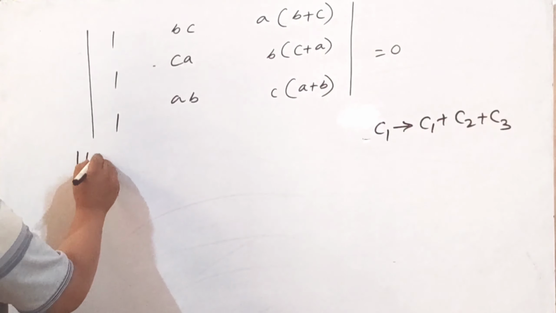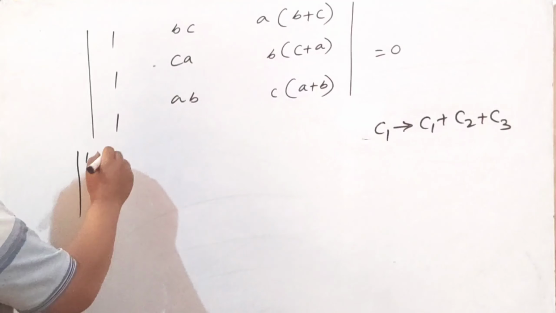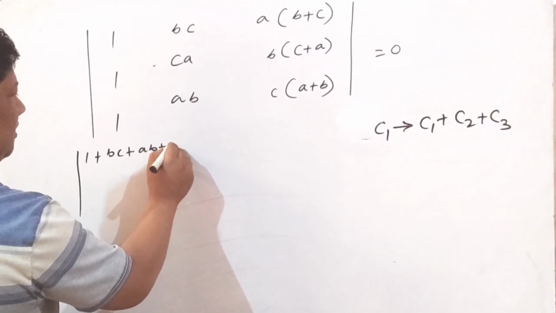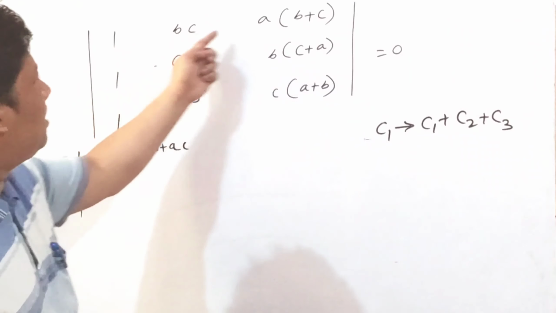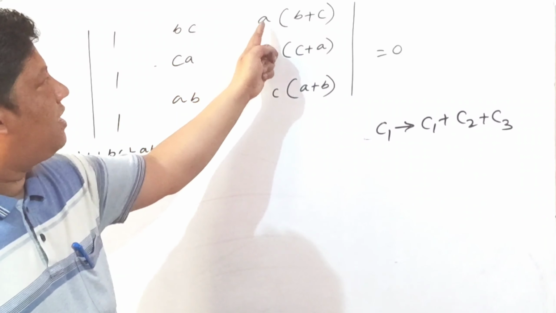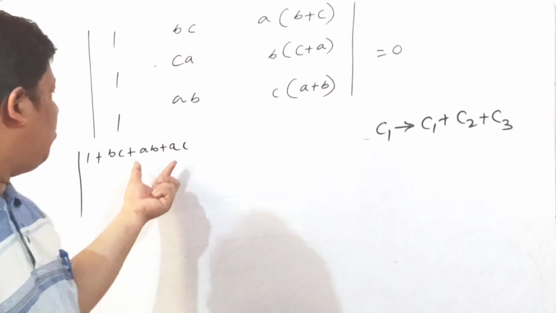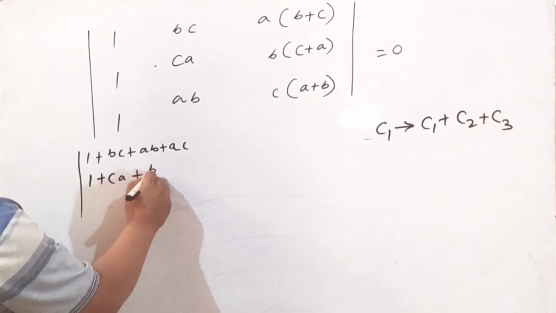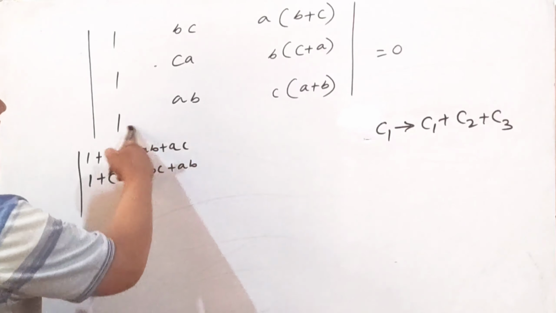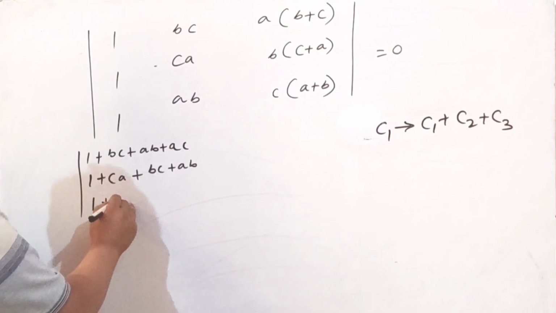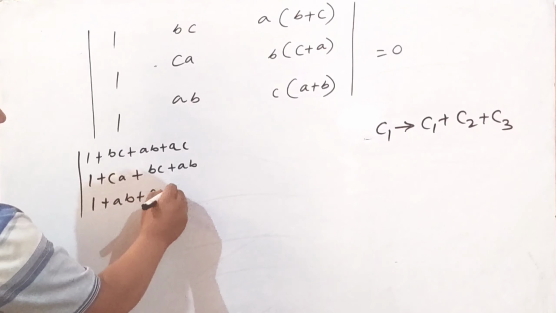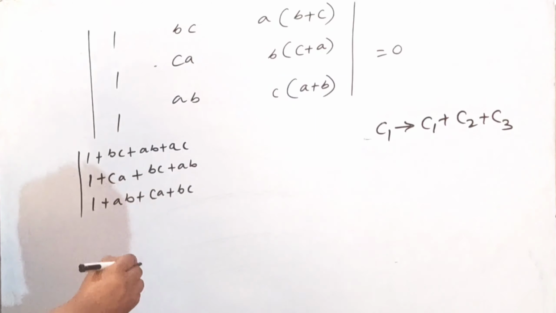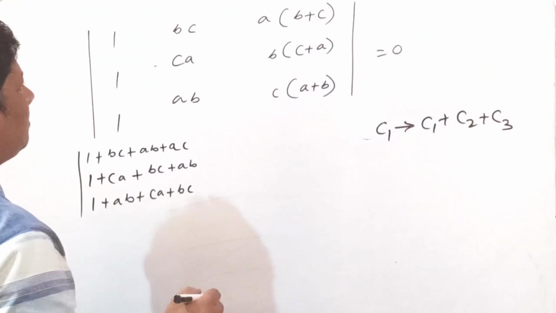So if I add all these numbers, I get 1 plus 1 plus 1 in the first row, and BC plus CA plus AB. Then, in the next row, again 1 plus CA plus BC plus AB. Again, finally, 1 plus AB plus CA plus BC, and the remaining numbers are the same.